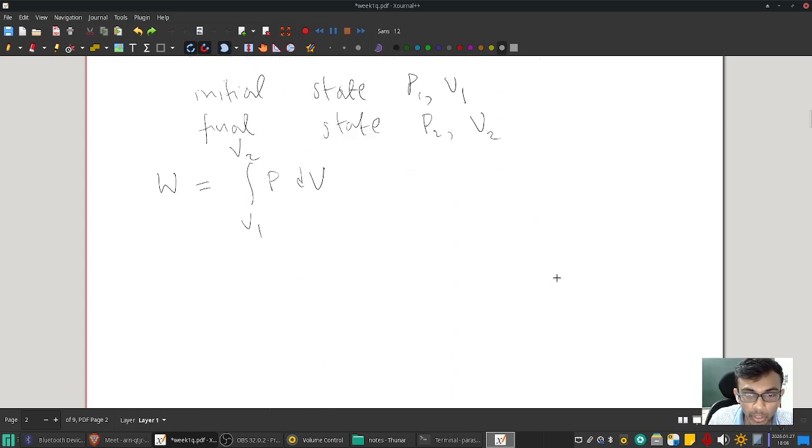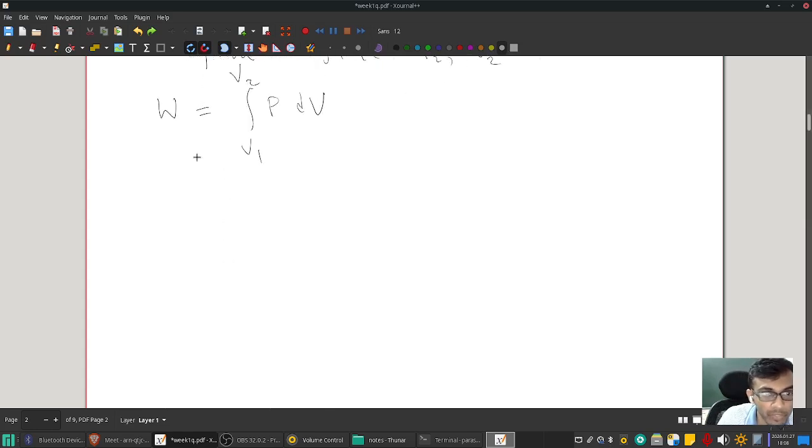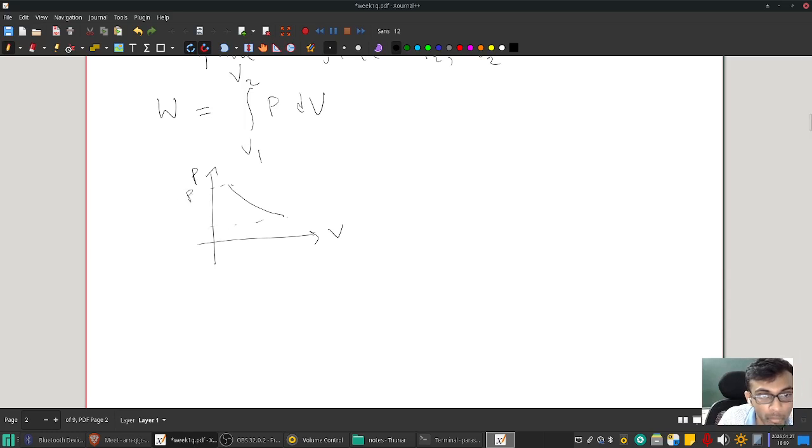Let me just draw a schematic, which is supposed to replicate the same figure in the question. This is the PV diagram. These are P1, P2, and these are V1, V2.